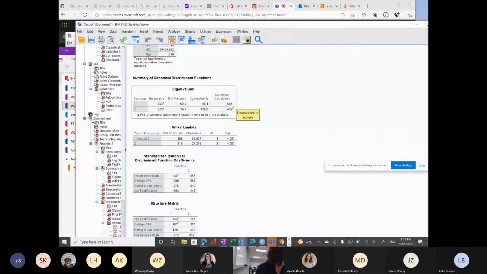What does it mean? It is actually like the correlation R in regression. If you square this number, you get effect size. So let's square it.